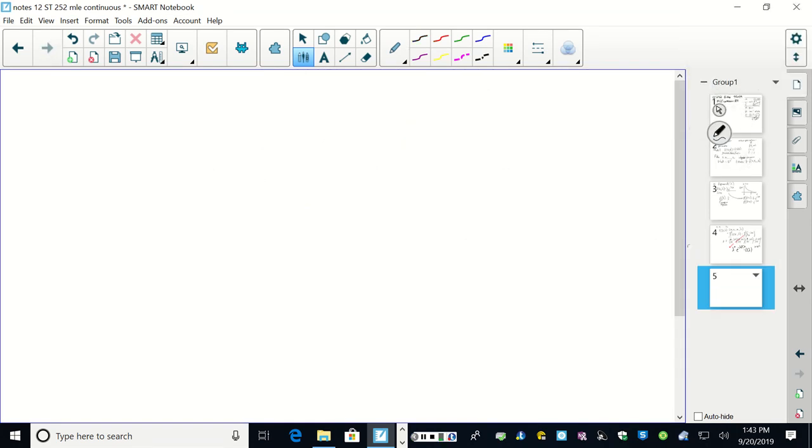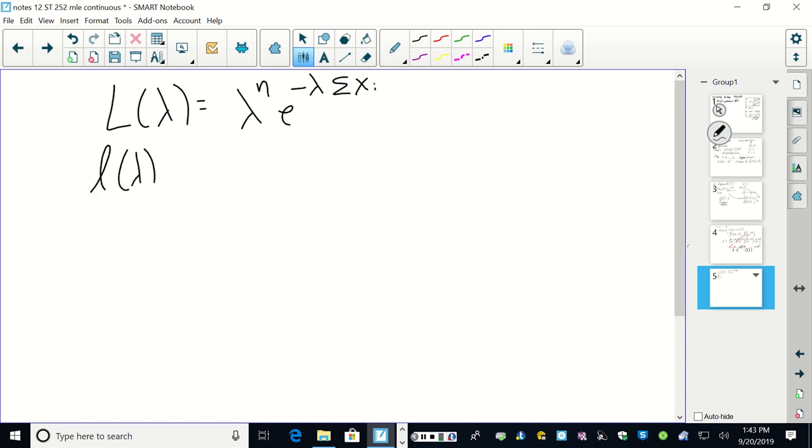So we'll take derivatives, or you can just take the log. The likelihood is lambda to the n times e to the negative lambda times the sum of the xi's. I'm going to write a little script L here, meaning the log of the likelihood. So we take the log of that whole thing.